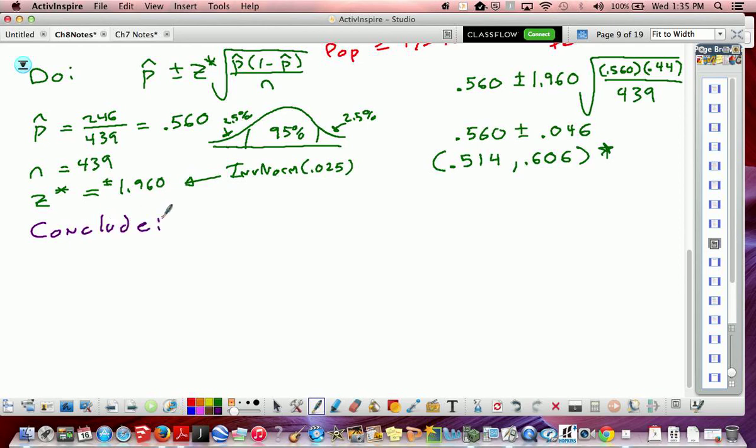Okay. So again, I'm just going to write that sentence and fill in the blanks. The sentence starts off by saying, we are blank percent confident.